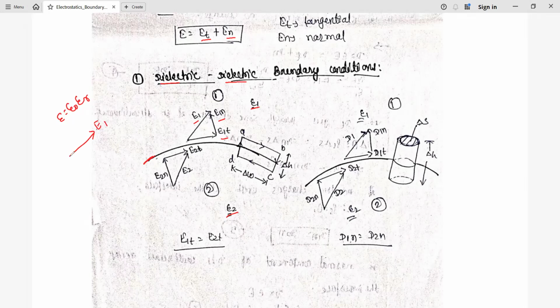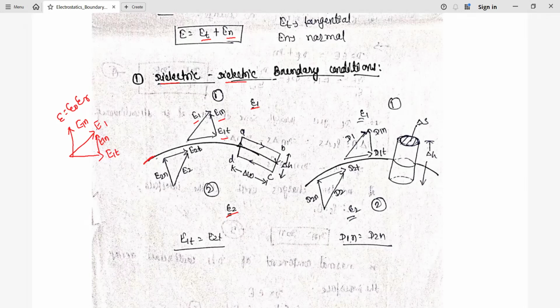When we resolve the two components, you get the tangential component E1t and the normal component E1n. To obtain a triangular shape for the resultant vector, this E1n is shifted here. That's why you get the situation like this.